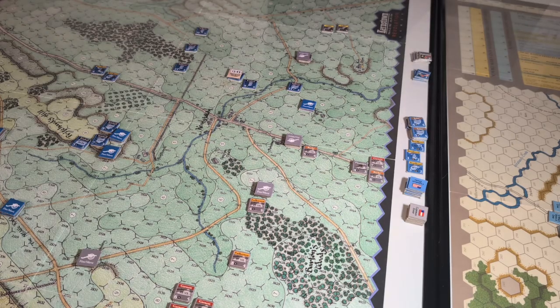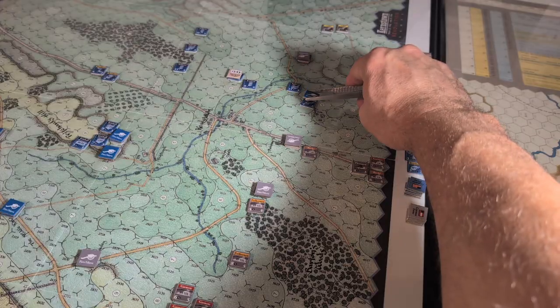Let's see. Just says they may not move. Doesn't say they can't fire. So they have this unit here in their sights.